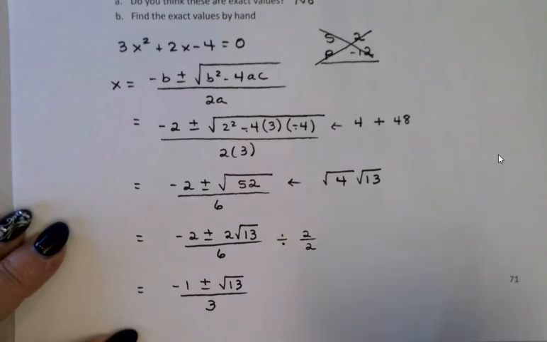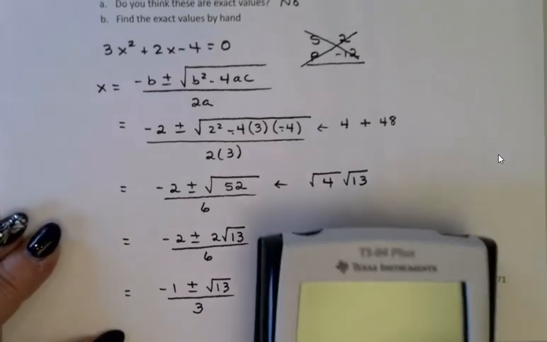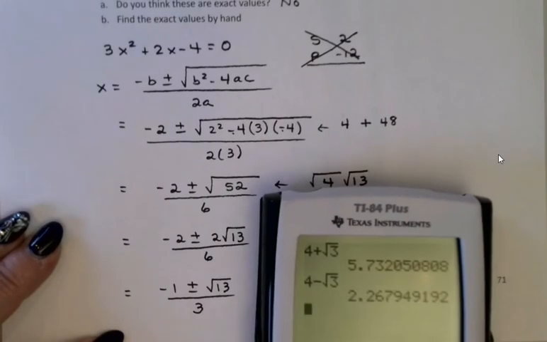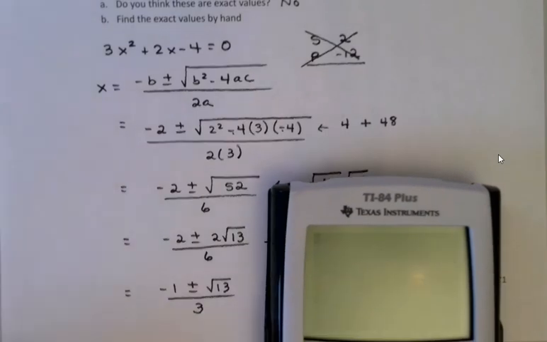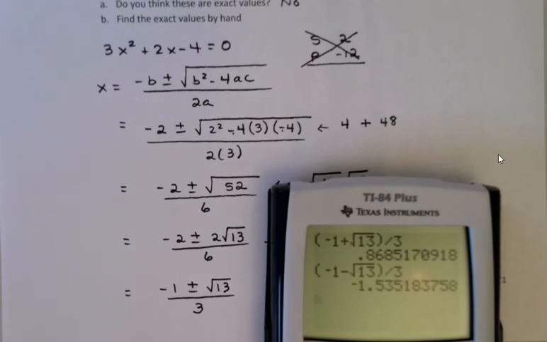Let's just check that out and verify that I get the same decimal approximations that we got from our graph. If I take negative 1 plus the square root of 13 and divide by 3, I get 0.869 approximately. And if I take negative 1 minus the square root of 13 divided by 3, about negative 1.535.